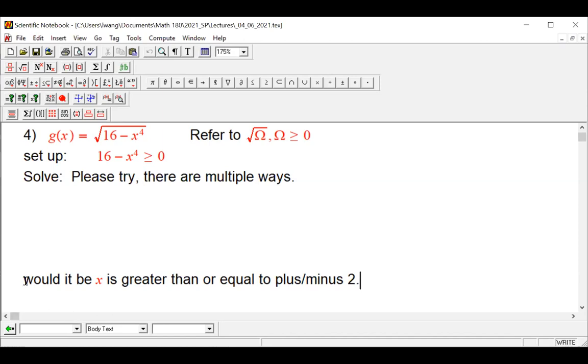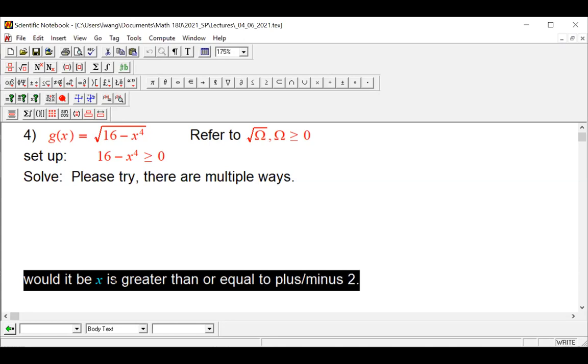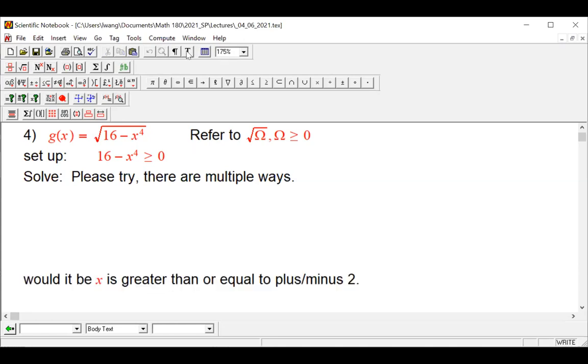I would like an elaboration of that, because I just wonder if this is what you meant: x is greater than or equal to plus minus 2. Is that what you meant?